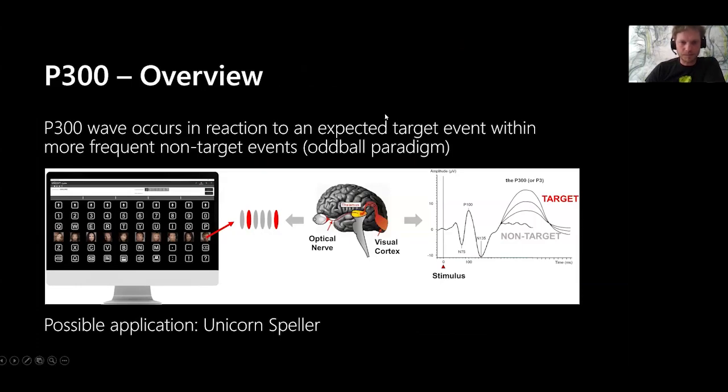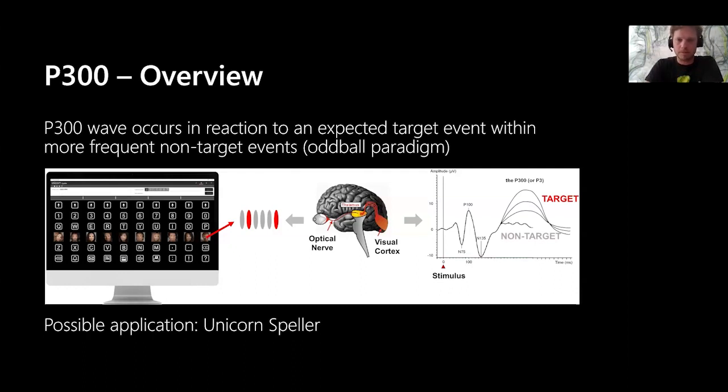The next project is the P300 Speller project. And again, some background. You might be familiar with the P300 wave, but in a nutshell, it appears when you are waiting for a certain stimulus, which is embedded in many other stimuli you're not paying attention to. One very famous example is the speller, where you're focusing on a target character you want to spell, and all those characters flash in a random pattern.